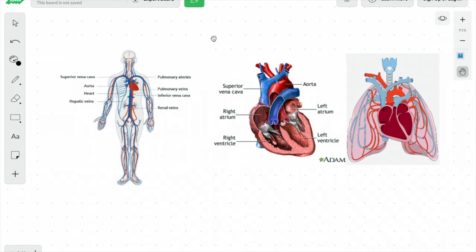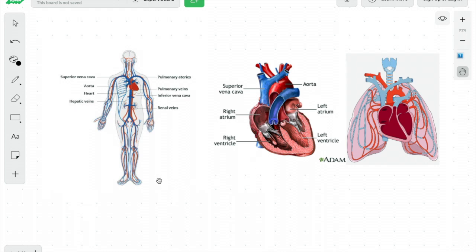In this picture, the vessels shown in blue contain deoxygenated blood, and the red color shows oxygenated blood.